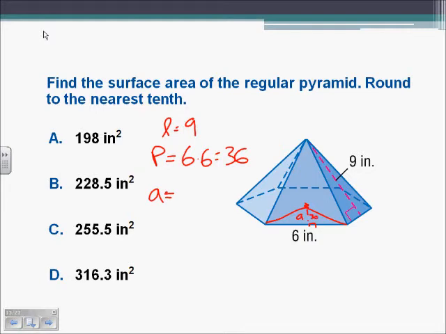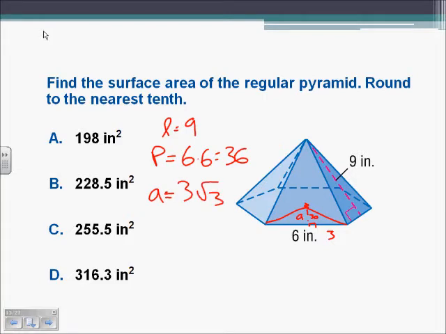But then we know the side across from 30 is going to be half of our side, which is going to be 3 then, since our side is 6. So we know then that the apothem, since this is a special triangle, is going to be x times the square root of 3. But we know x, since it's across from the 30-degree angle, x is 3. So a is going to be equal to 3 square roots of 3.